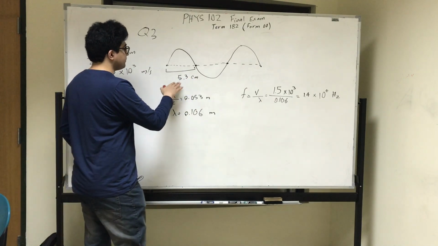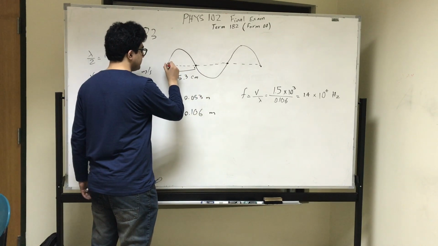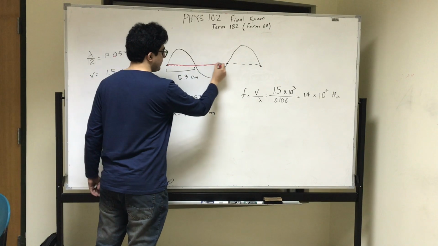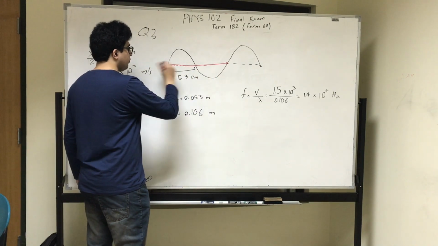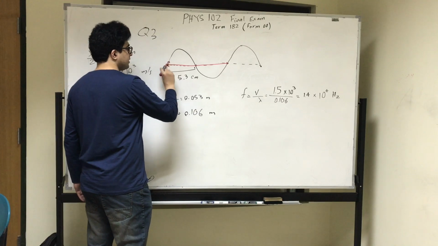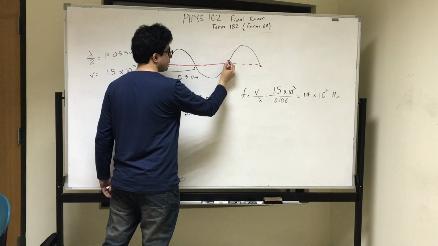So we know that the wavelength for this standing wave starts from here and ends here. Why? Because the wave starts like this, and then it repeats itself at this point.